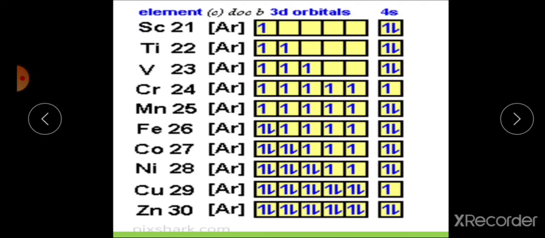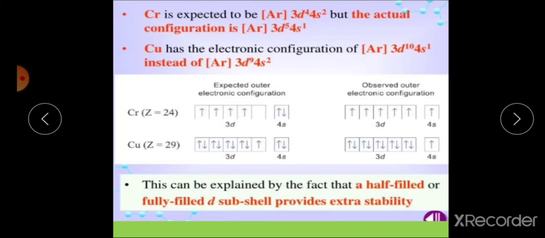Here the electrons filled in the 3d orbitals are given. Chromium and copper have exceptional electronic configurations. The expected electronic configuration of chromium is argon 3d4 4s2, but the actual one is argon 3d5 4s1. In the same way, copper has the electronic configuration argon 3d10 4s1 instead of argon 3d9 4s2.